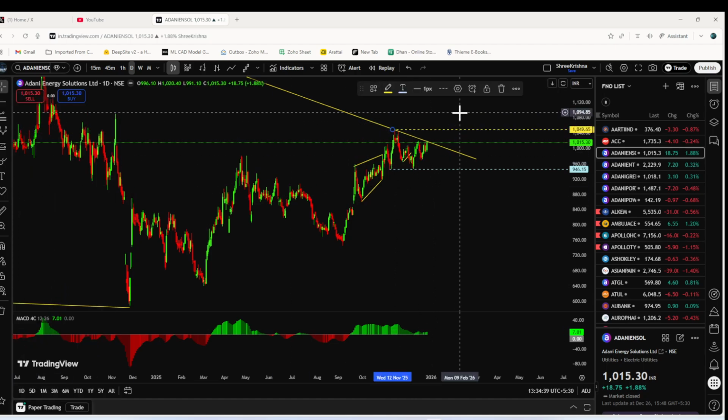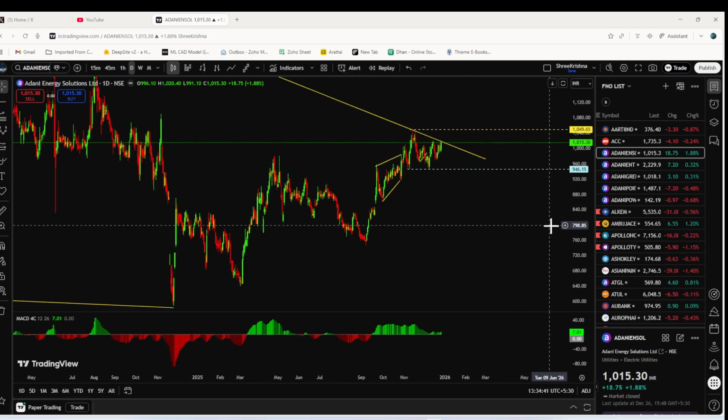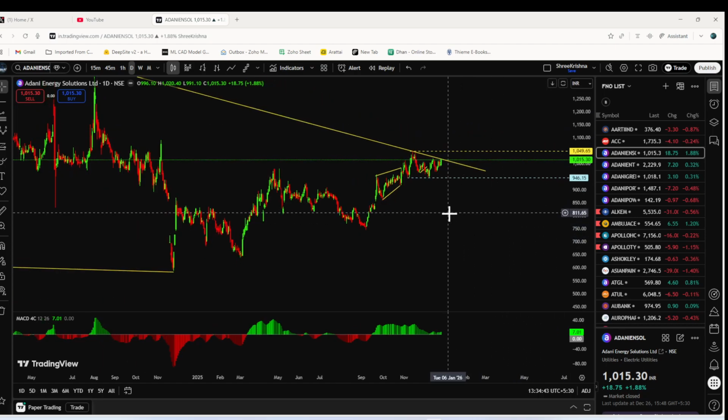Once it crosses above this, we can likely say that it's going to make one more move up. Otherwise, it may remain sideways. It may go up, it may come down, it may remain in this sideways before it moves out. Before moving out, it will break this low and go up.